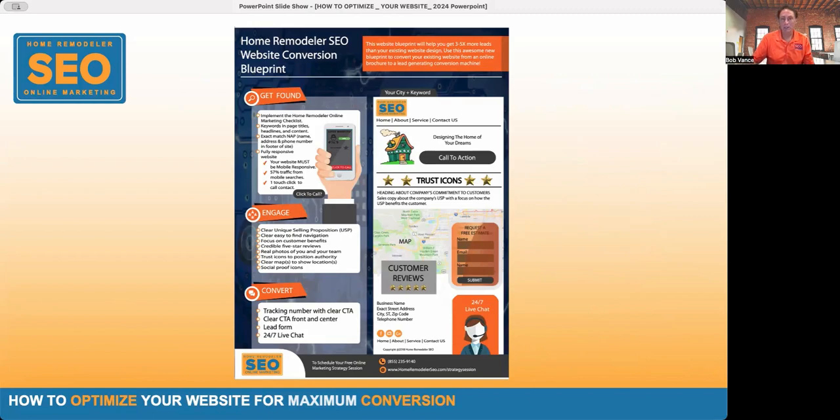This is kind of a rough guide for helping you implement some of those conversion elements that I talked about. It kind of just goes through a lot of those 12 elements we just talked about. This will help you get found more in Google, show you ways to better engage with your site visitors, and then how to really convert those site visitors into booked appointments.